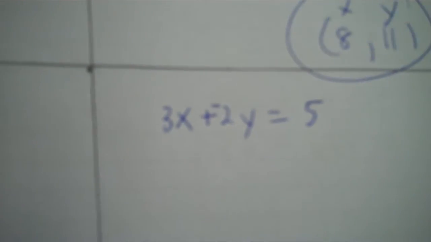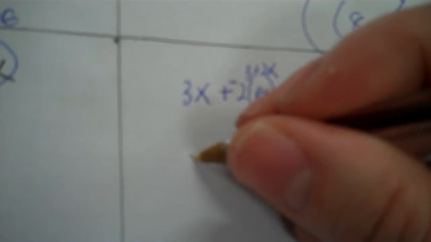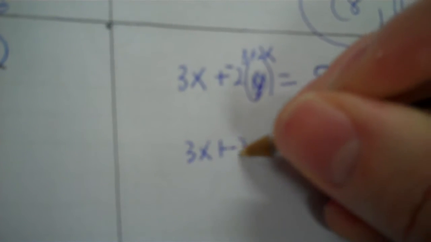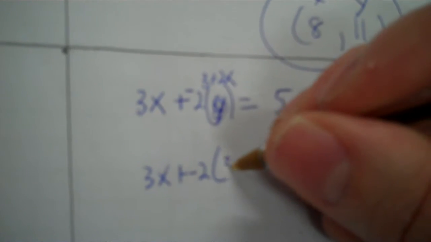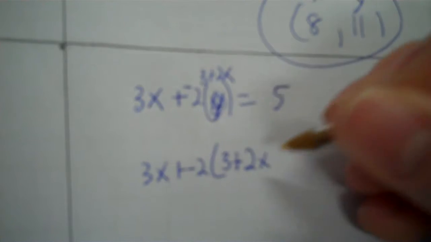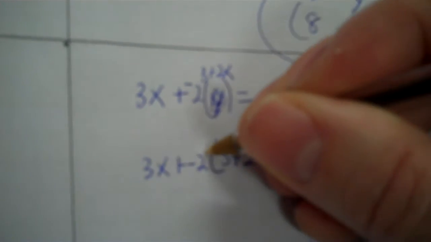Now, if you have a minus, you might want to make that plus negative, okay? So the y is a base, and I replace that with 3 plus 2x. So I have 3x plus negative 2, and then inside we now have 3 plus 2x equals 5.